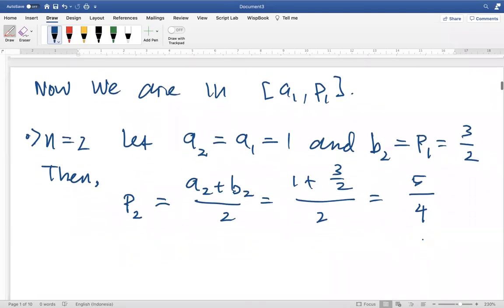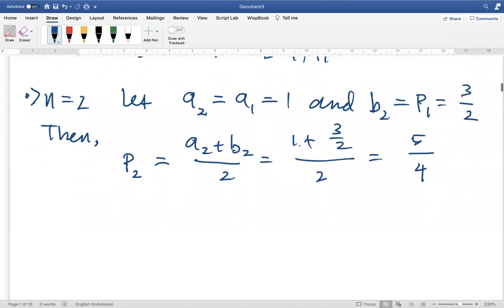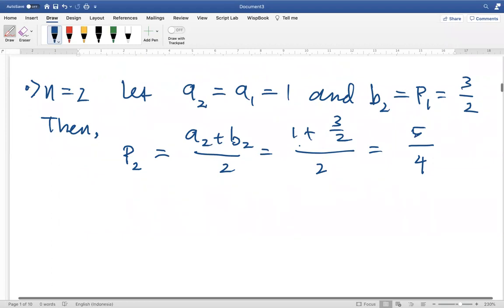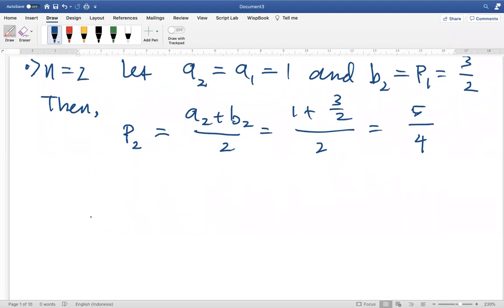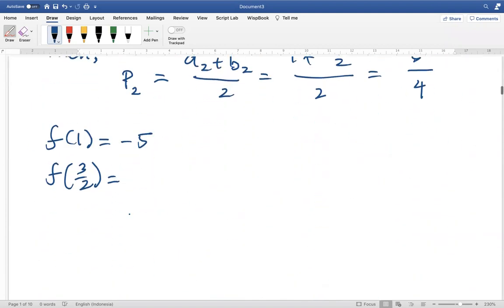Hello, can you follow me? Yes, sir. Now you check P2 using Horner. Can you check that? We already know f(1) is -5, f(3/2) is 19/8.